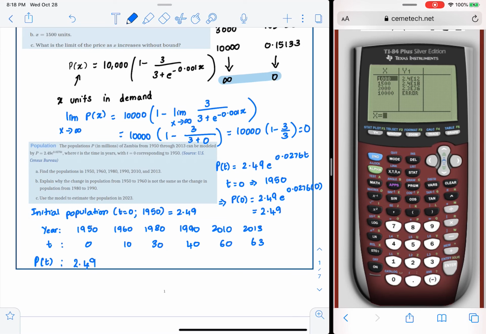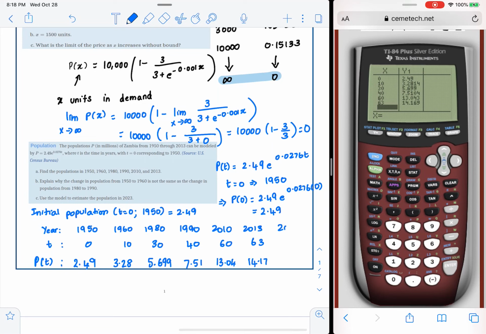I'm going to delete all of those values. When I plug in 0, we get 2.49 as expected. When I plug in 10, I get 3.28. When I plug in 30, 5.699. When I plug in 40, I get 7.51, 60, 13.04, 63, 14.17.